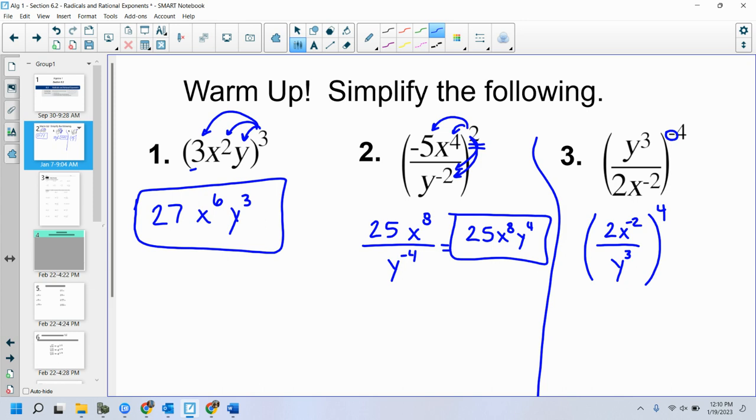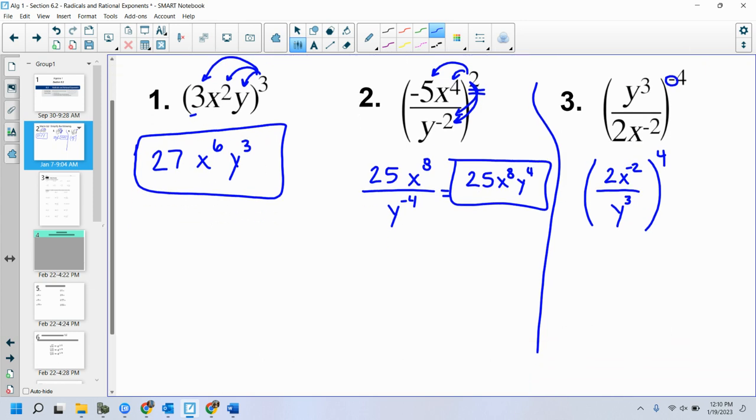Then let's apply the rest of the exponents. All right, so to the 4th power. What does the 2 become? 16. 2 to the 4th power, not 2 times 4. X to the negative 16.